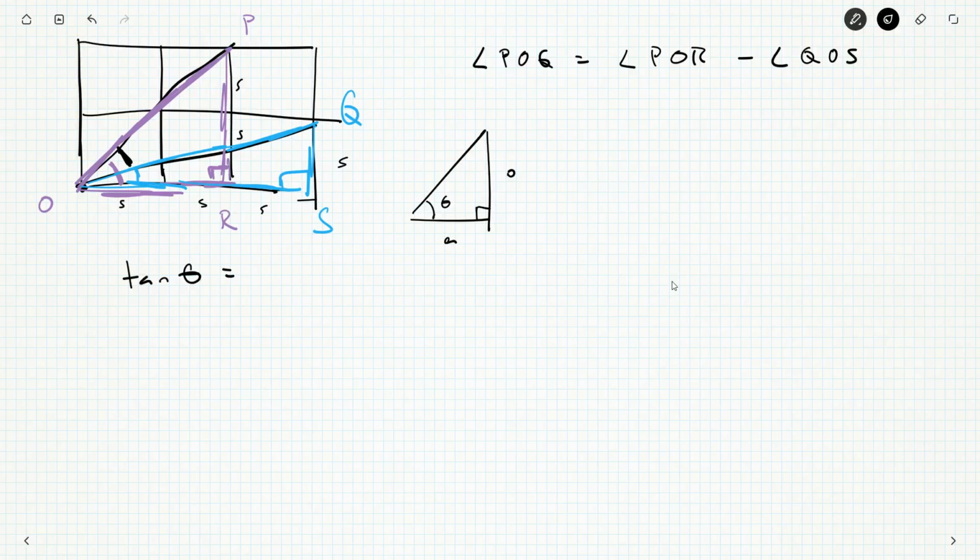And so what we need is not the actual sides themselves, but the ratio of the sides. And if we want the angle theta itself, we just use arctan or tan inverse, depending on what button your calculator shows. So POR, well, that's 2s over 2s. QOS, that's 1s over 3s.